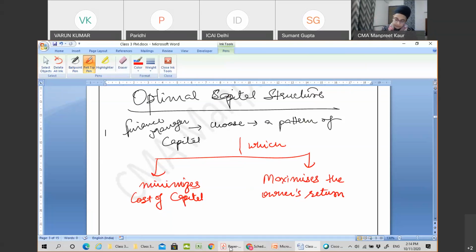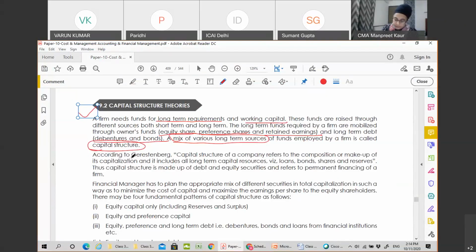So, according to Gerstenberg, capital structure is the composition or makeup of capitalization, including long-term sources like loans, bonds, shares, reserves. The capital structure is made up of debt and equity shares and refers to the permanent financing of a firm.